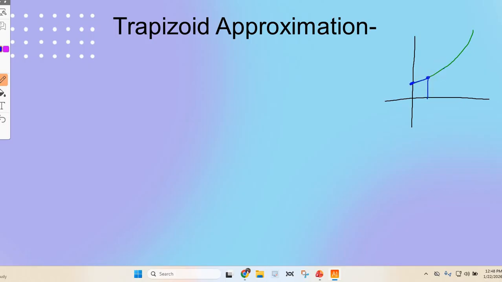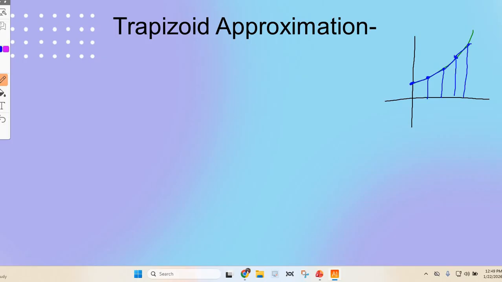And now we're going to make trapezoids instead. So especially with our strictly increasing or strictly decreasing functions, trapezoid approximations can be pretty accurate, which is why we have them.